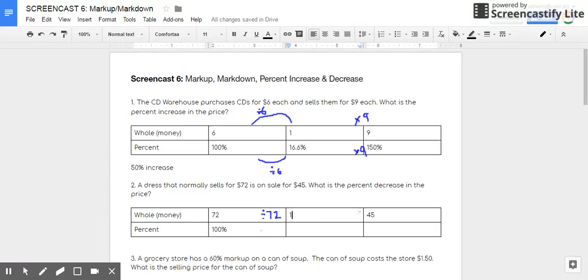72 divided by 72 is 1. Whatever we do in the numerator, we also have to do in the denominator. So then we have 100% divided by 72. 100% divided by 72 is going to get us a repeating decimal. So we get 1.38 repeating, which I'm currently going to leave in my calculator. Next, I can now go from 1 to 45.